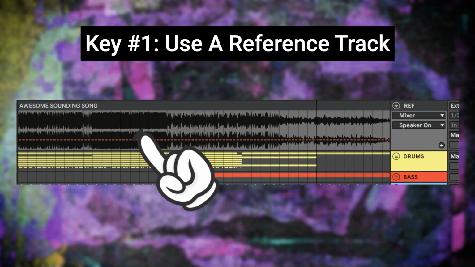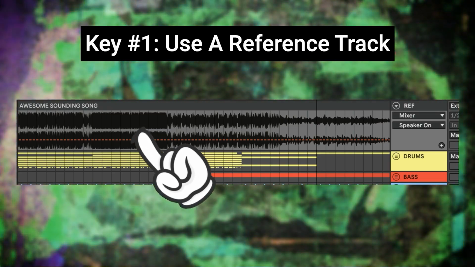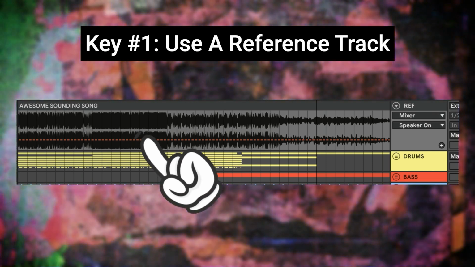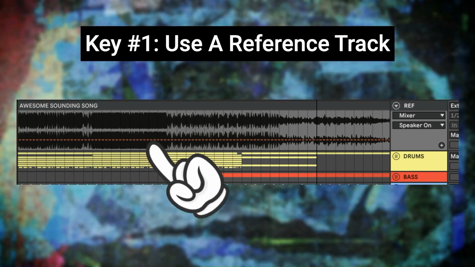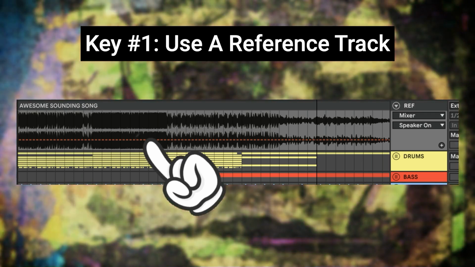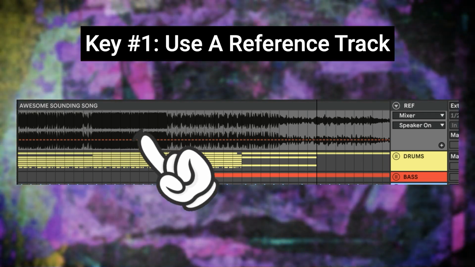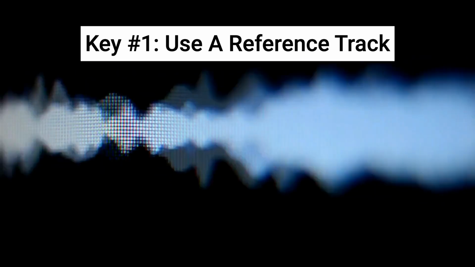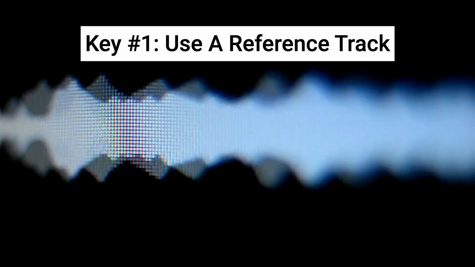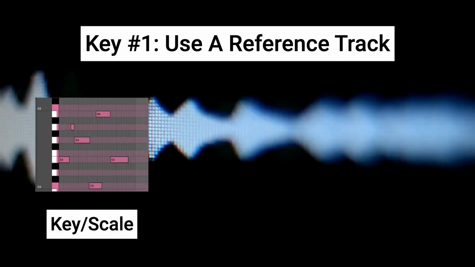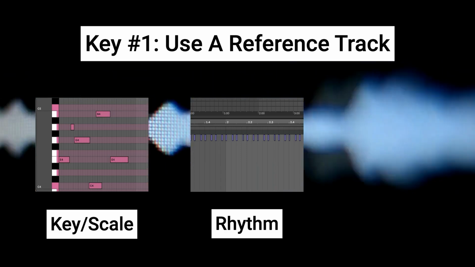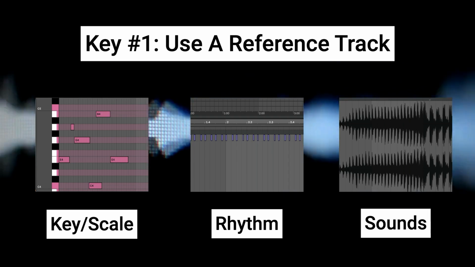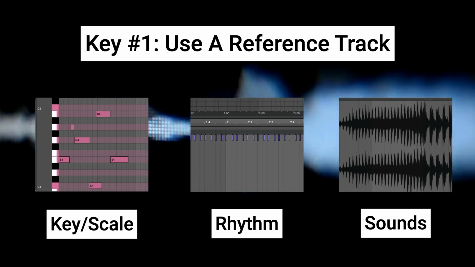And because the first key to the 80-20 rule when building out your melodic elements is to use a reference track, we are making sure that we're effortlessly hitting 80% of a very professional benchmark. In particular, we use that reference track to focus on playing in the right key, following a similar rhythm, and selecting the right sounds. This just keeps things fast and focused.